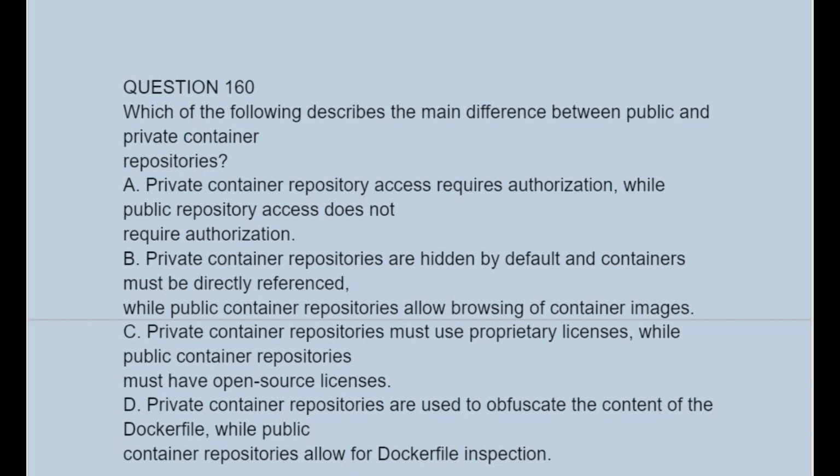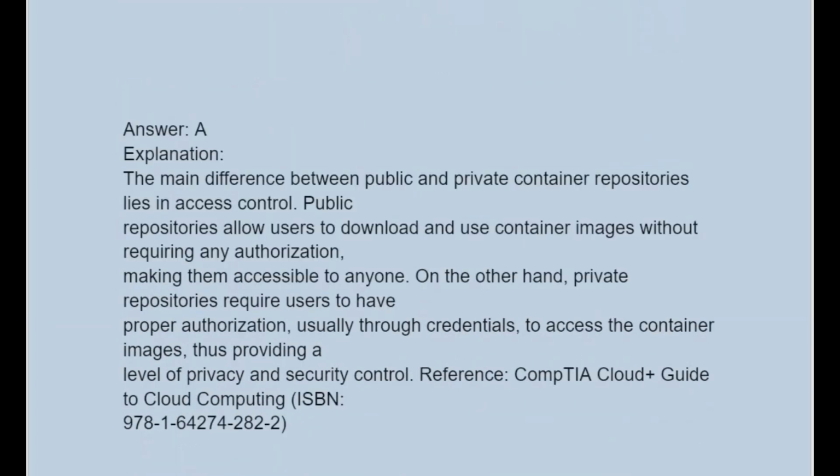Option C. Private container repositories must use proprietary licenses, while public container repositories must have open source licenses. Option D. Private container repositories are used to obfuscate the content of the Docker file, while public container repositories allow for Docker file inspection. Correct answer is option A.